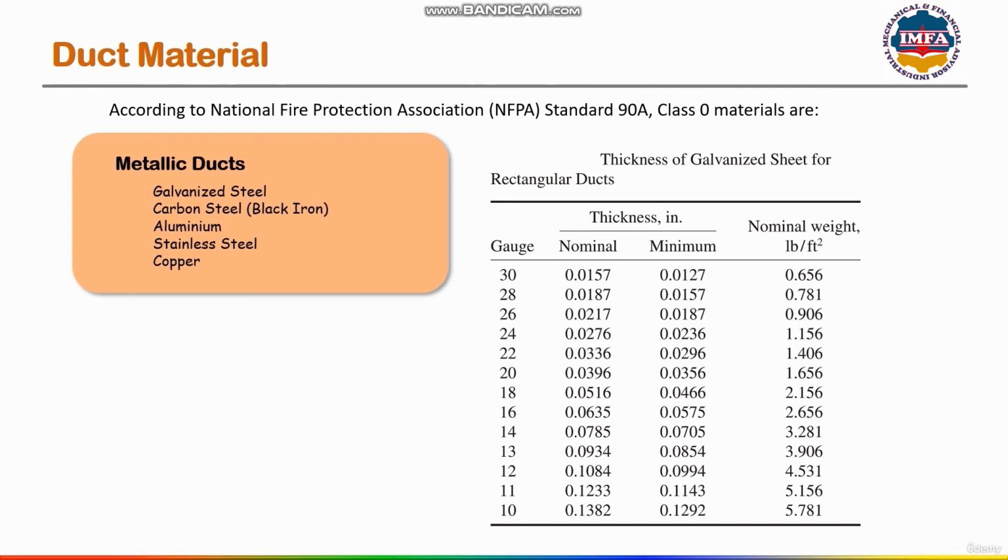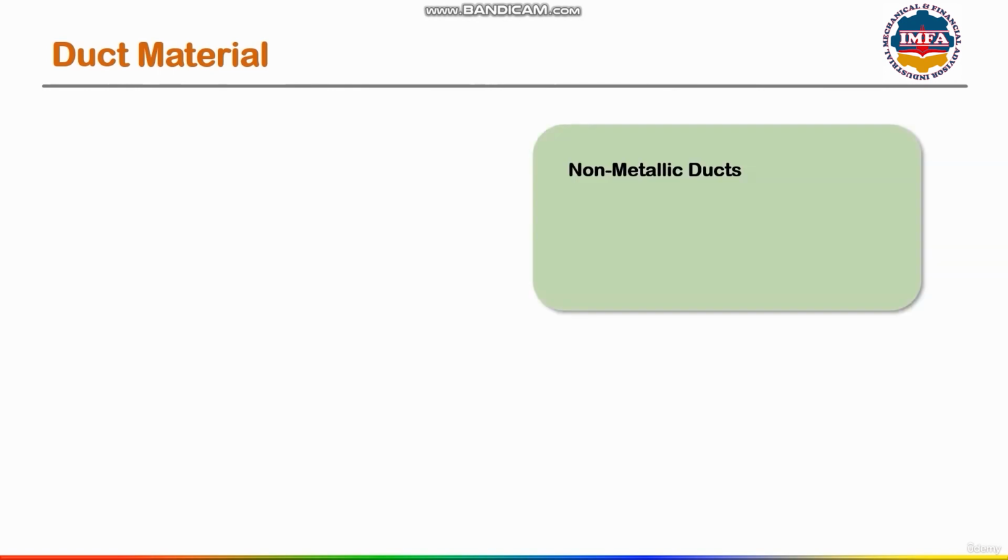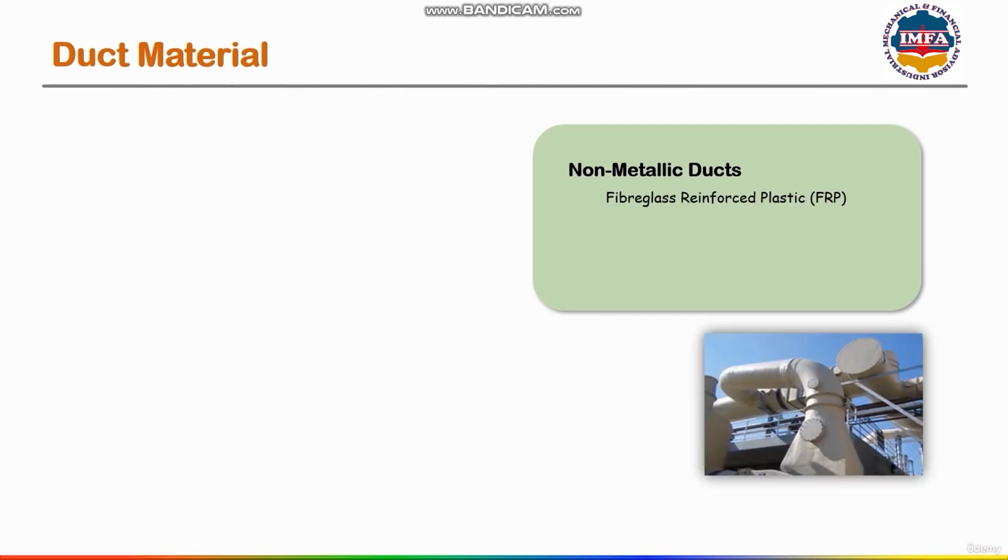So these are some insights that will be used during duct construction, and these are some factors that are important to understand as far as duct material is concerned. Depending upon the need and requirement of the workplace, there can also be non-metallic ducts such as fiberglass reinforced plastic, abbreviated as FRP.